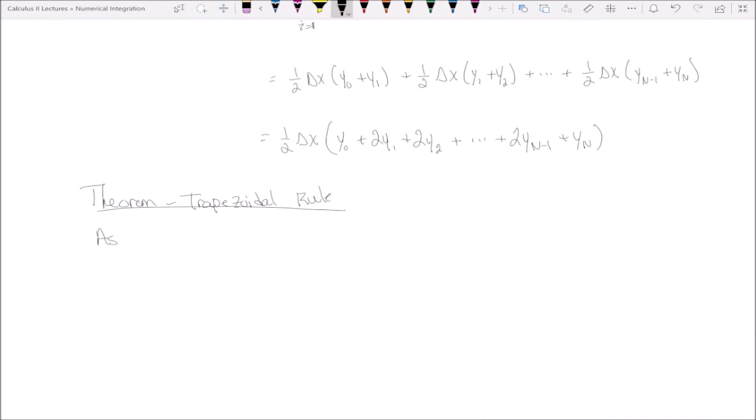Again, we assume f of x is continuous on AB.